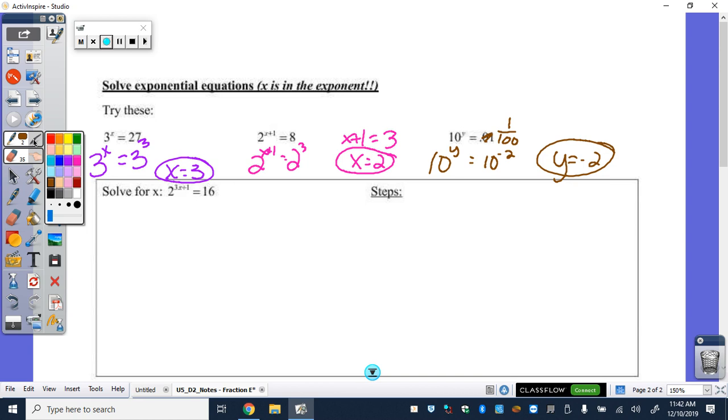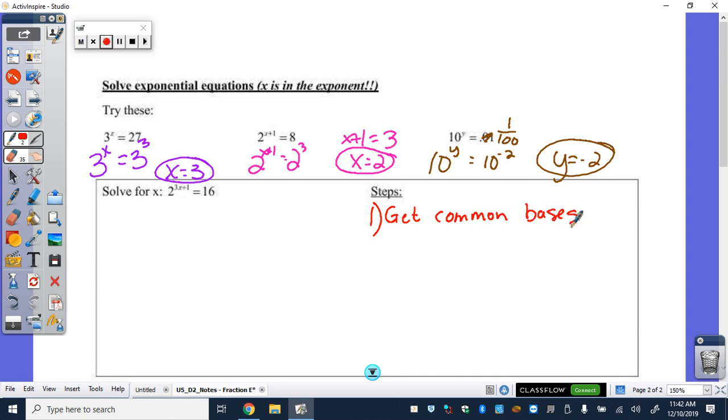So you got to remember, if it's a fraction or a decimal to begin with, it's going to have a negative exponent on there. So our steps. Step 1, get common bases. Like in our first example there, again, we had a base of 3. Second example, we had a base of 2. Third example, we went with a base of 10. So we've got to get a common base.